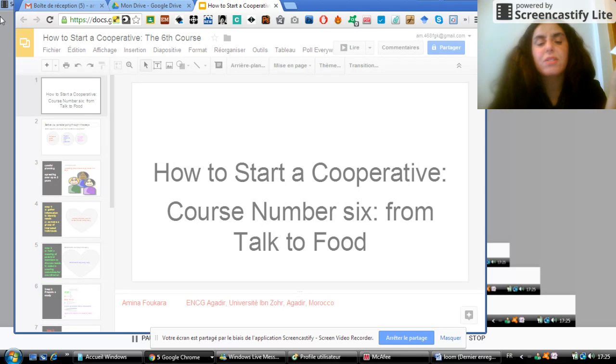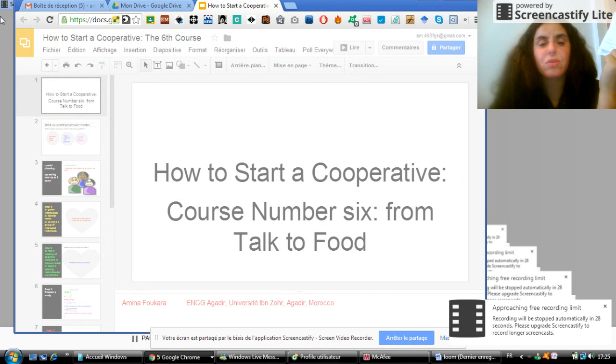Step 3. Step 3 sets the focus on research. So remember that you have 2 types of research. The first one is theoretical, and the second one is empirical. So theoretical research will help members to know about the meaning of a cooperative, its principles, its objectives, everything that is relevant to a cooperative.